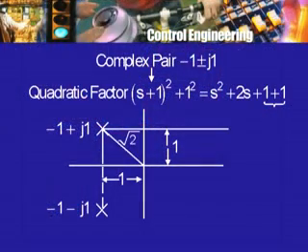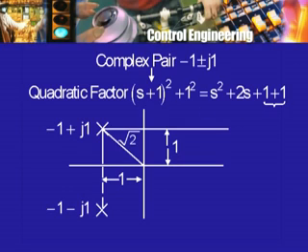Of course, we can figure out b in terms of the location of the poles or zeros, and to continue with the example that I had taken, if I have minus 1 plus minus j1 as the pair of poles or zeros, then corresponding to this, what is the quadratic factor? Because of this minus, I have s plus 1, and because of this j1 I have 1 square, and therefore I have s squared plus 2s plus 1 plus 1.